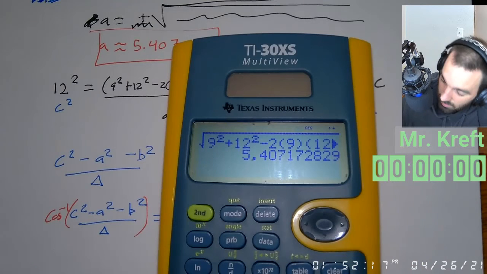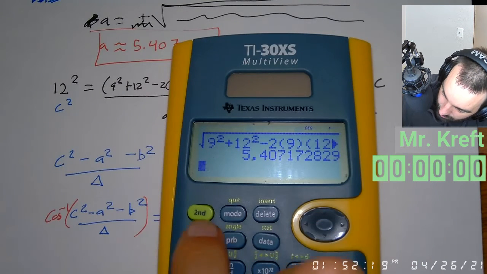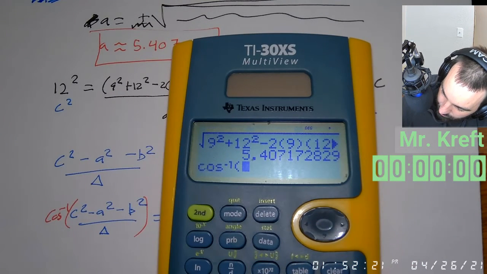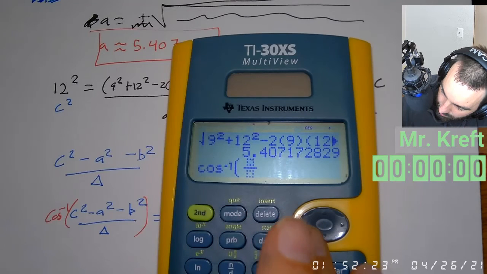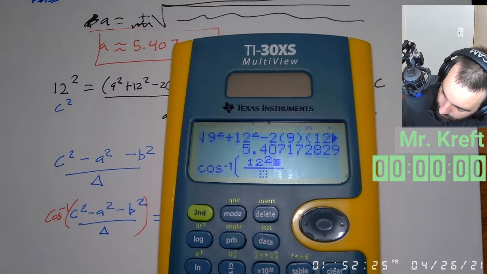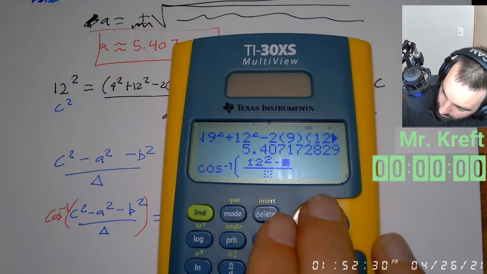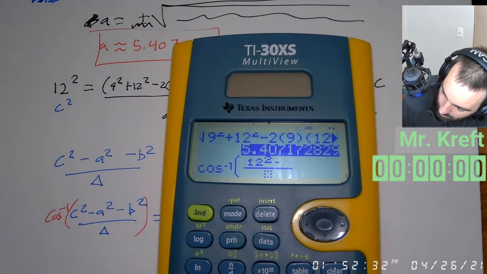So here we go. I'm going to have inverse cosine of, on the top, c squared minus, now a squared, that's a.